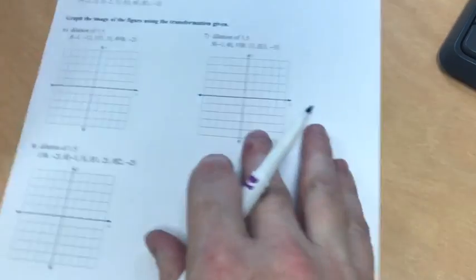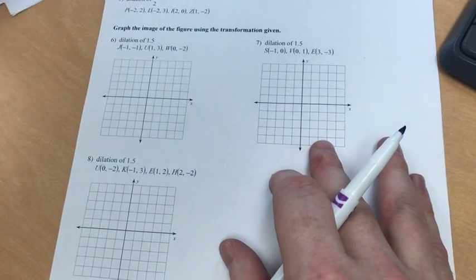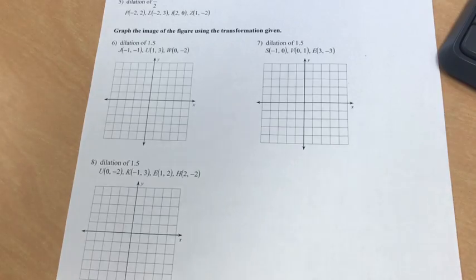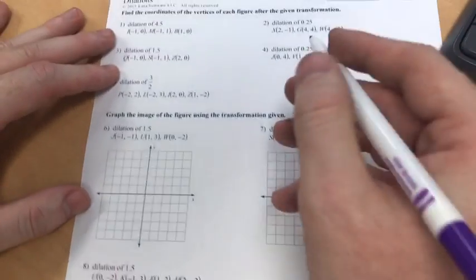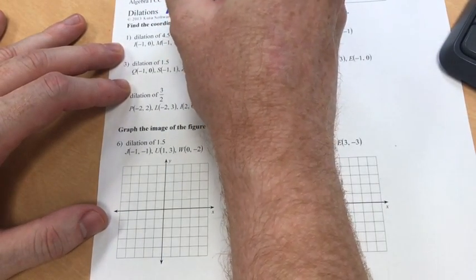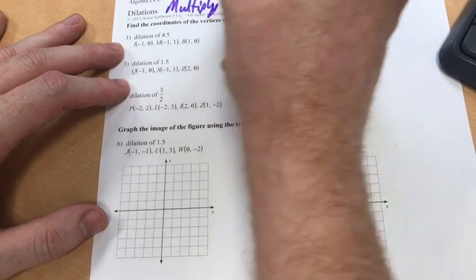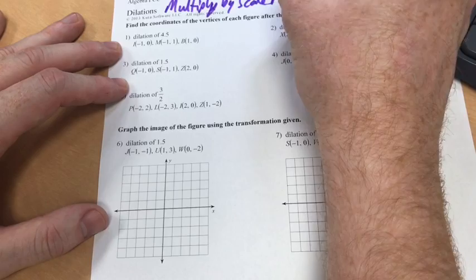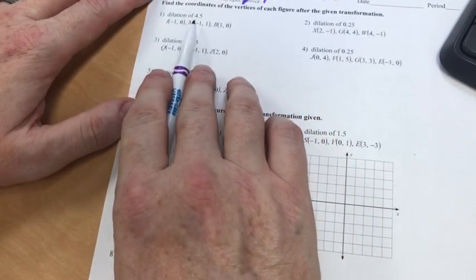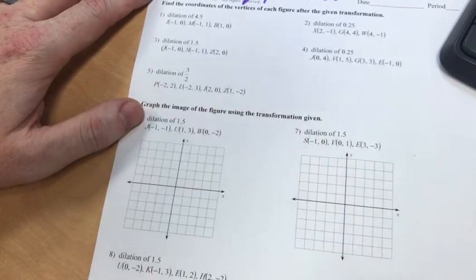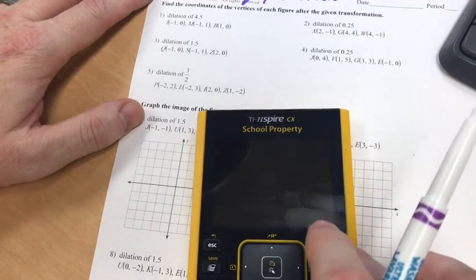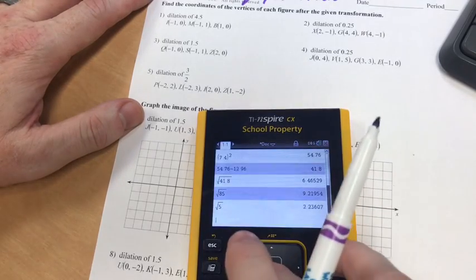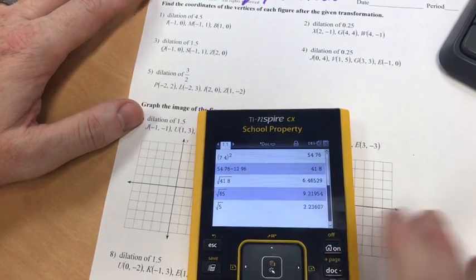Okay, the last section here is dilations. On dilations, guys, we are multiplying. So dilations mean we are going to multiply by a scale factor. All that means is you multiply every number times your scale factor. Whether it's a fraction, a decimal, or a percent, doesn't matter.